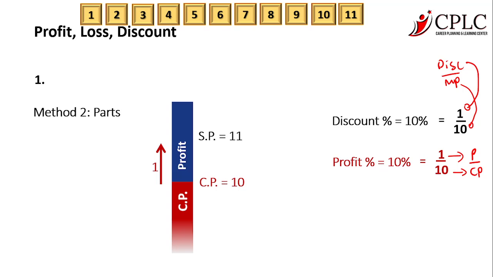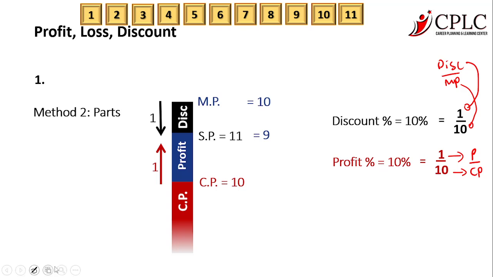That diagram is again very critical, which we have discussed during the concept of mark price: on the mark price, if you give the discount, you end up arriving at the selling price. So mark price is 10. On 10 rupees, if you give 1 rupee discount, the selling price becomes 9 rupees.